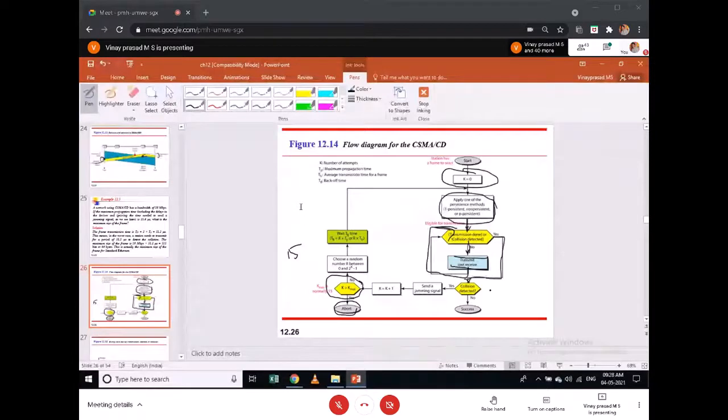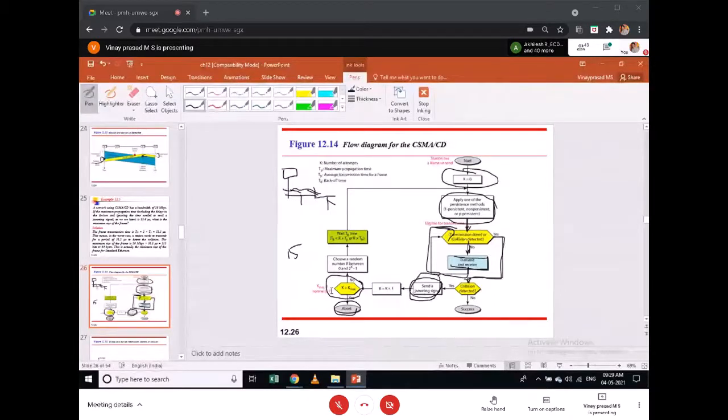If it is detected, then I'll send the jamming signal. Jamming signal means, in the broadcast channel when I'm using CSMA/CD, the station comes to know its own data is involved in a collision. The station will send jamming signals to every other station, telling them not to send this time so that I can complete my retransmission. That is what sending a jamming signal means.